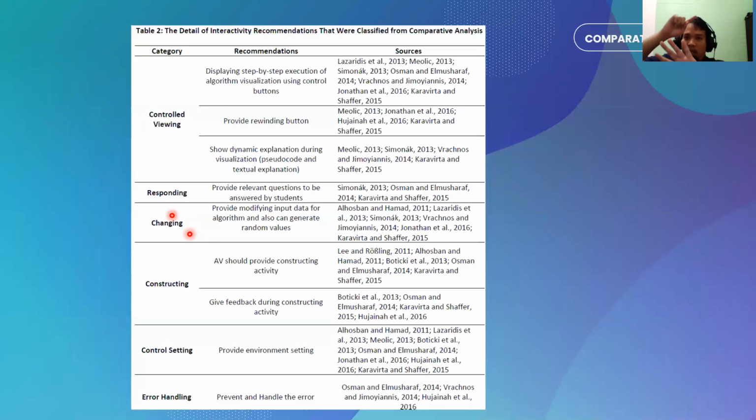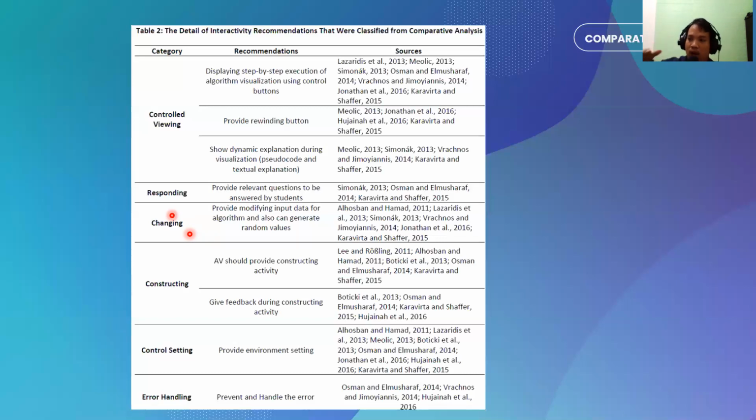It's up to them, like maybe they change into 100, 2000, 75, 8, 10. So they are able to change this, so they can see more visualization experience, they can see more behavior. If we put in these numbers, how is the bubble sorting going to sort them.